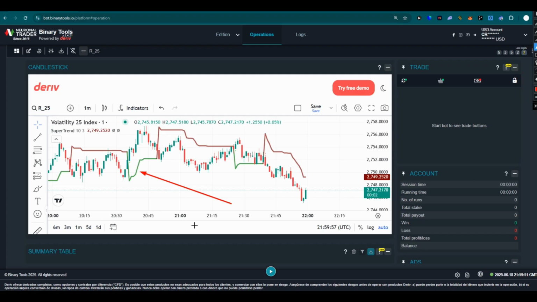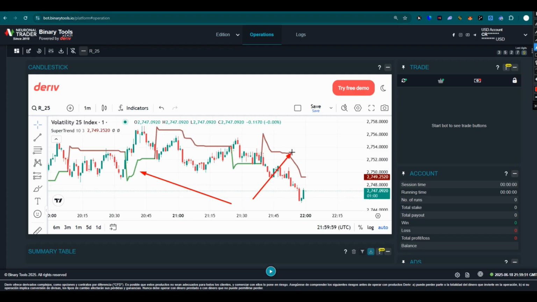But you're going to trade lower option if you see this Supertrend showing you a red one. So whatever you do, you need to find the best signals for a lower option if the line of this Supertrend is red, just like that. I hope you understand me.